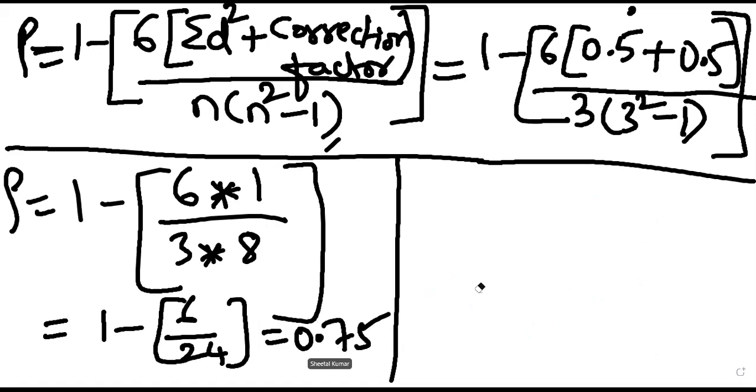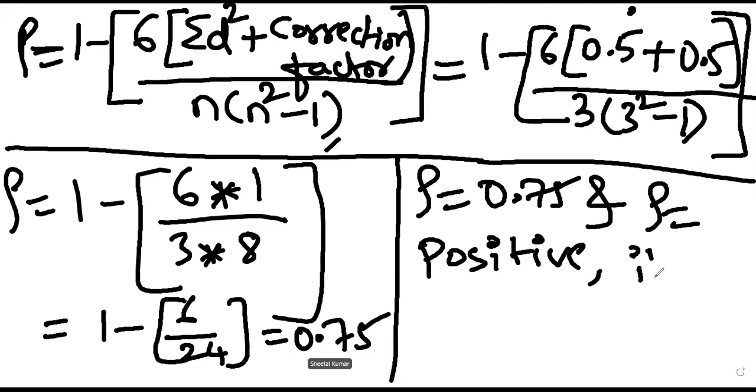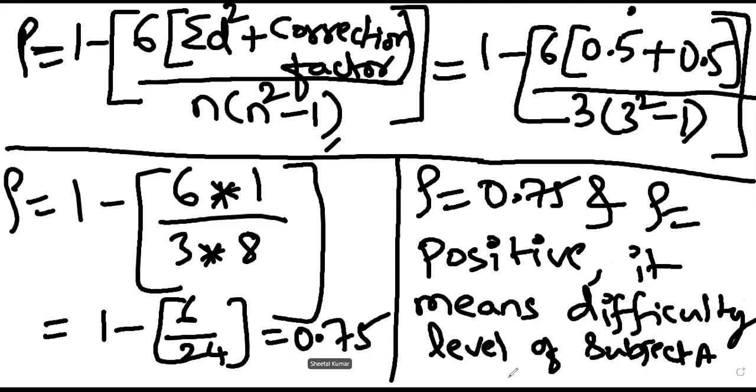Okay. So the interpretation of this: rho is positive, which means the difficulty level of subject A and B is the same.